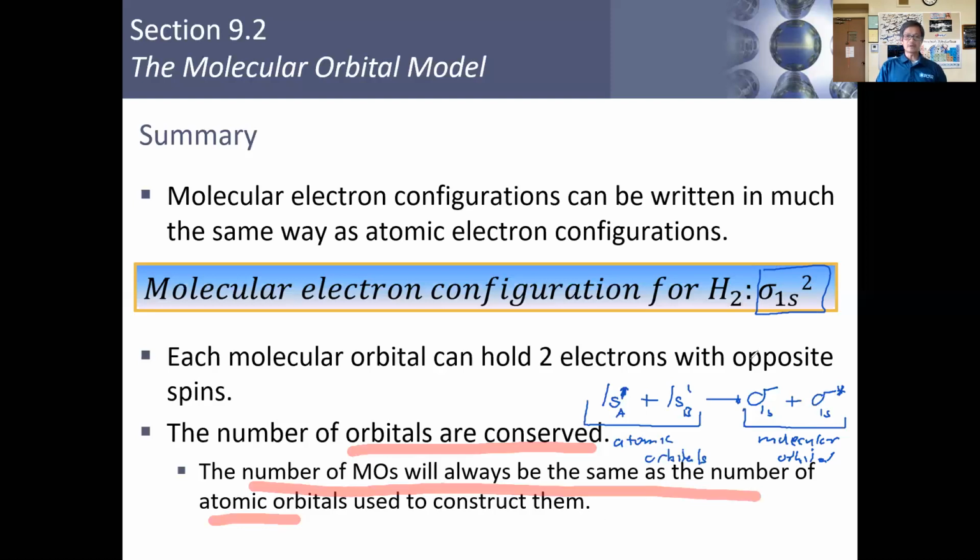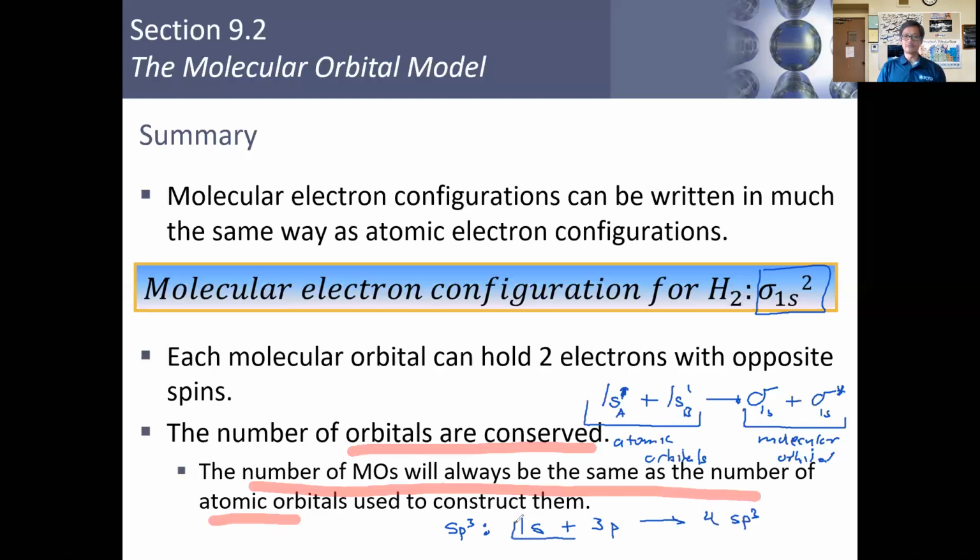All right, just one quick last note here, folks. Keep in mind that what's happening here is very similar to what happened with hybrid orbitals, with hybridization, which was the localized electron model. Remember, for example, with sp3 hybrid orbitals, the way those formed is that we took one s orbital from an atom and combined it with all three of the p orbitals, and we form four sp3 hybrid orbitals.